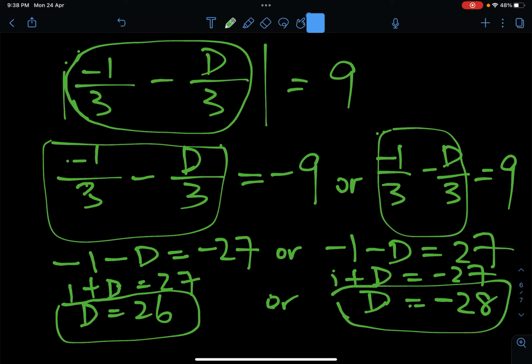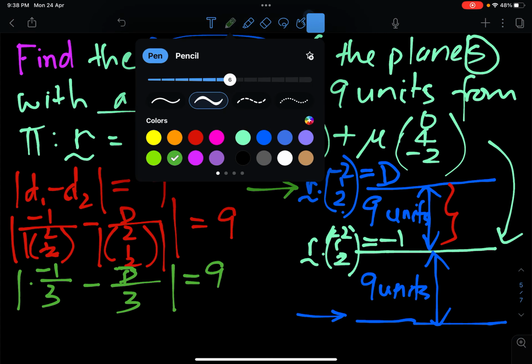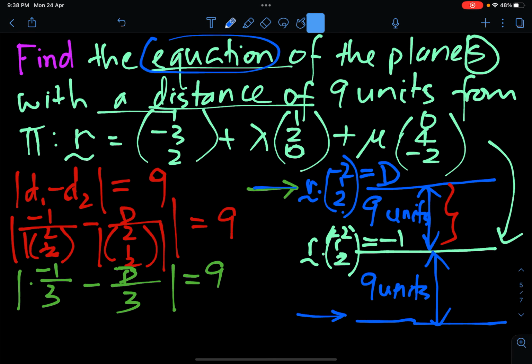Which makes sense, because remember the previous slide, you have two planes. You are supposed to have two answers, this and this. So your answers are 26 and minus 28.